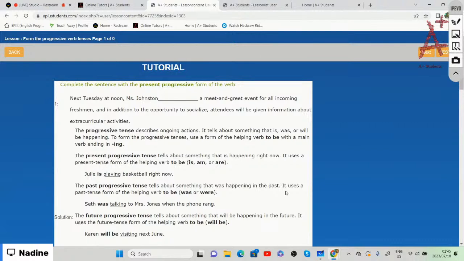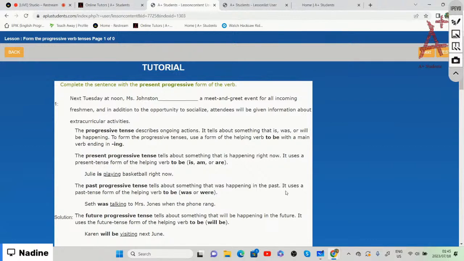But in this case, the future progressive tense uses the future tense form of the helping verb to be, which means that we add the will. So instead of just adding will and the verb, we say will be and the verb ending in ing. For example, Karen will be visiting next June.